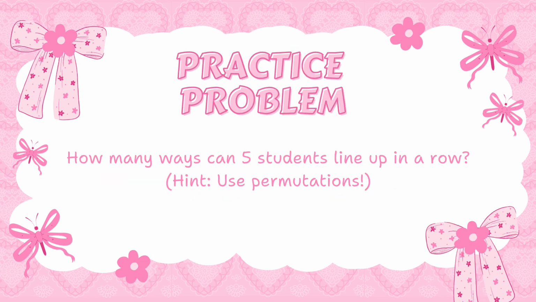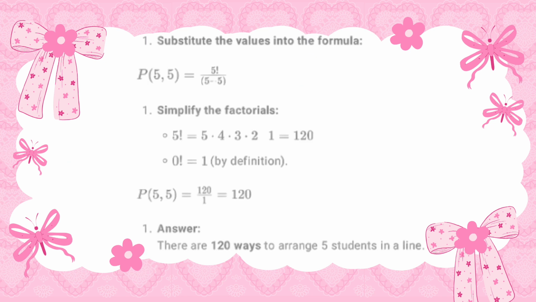Let's now have another practice problem. In permutations, how many ways can 5 students line up in a row? The first step to solve the problem is to substitute the values into the formula. P(5, 5) equals 5 factorial over 5 minus 5 factorial.